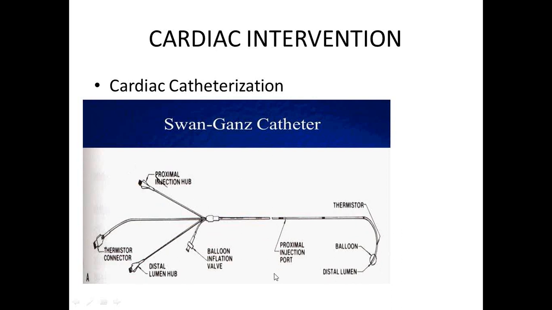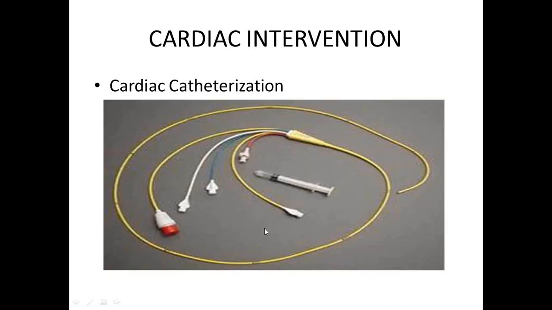This is the Swan-Ganz catheter. We use this in the right side of the heart. And this is what it actually looks like. So these are different hubs. The distal lumen is right there. The balloon is usually about right there, and then the thermostat, and you have a proximal port somewhere down here. This is a thermostat.